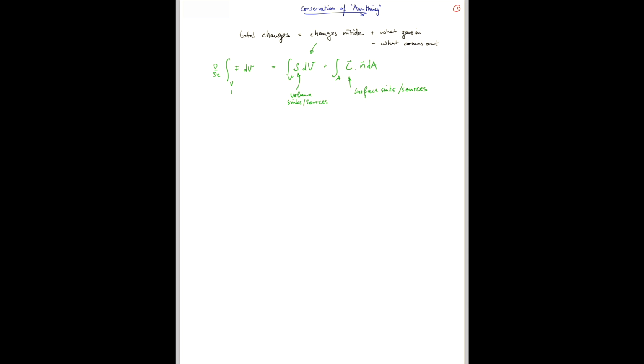And this V here is a material volume. Now we have two volume integrals and one surface integral, but using Gauss's divergence theorem we can actually write this surface integral also as a volume integral. So this third term here is just the divergence of C dV.